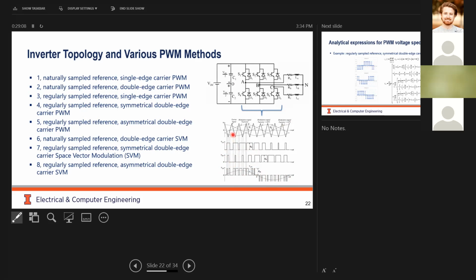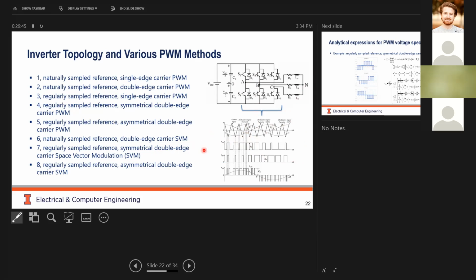For example, you can naturally sample the reference, or you can regularly sample the reference. Naturally sampled means that basically you don't sample it, it's not digitally implemented. But nowadays it's mostly regularly sampled because we use digital controllers. And the carrier can be a triangle or a sawtooth. Sawtooth means you ramp up and then drop to 0 and ramp up again.